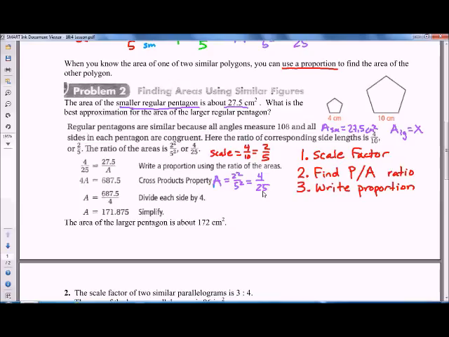That lets us write a proportion, and we know that our small figure is on top, our large figure is on the bottom. We solve this, and x is 171.9, and our unit, centimeters squared, for the area of the large figure.